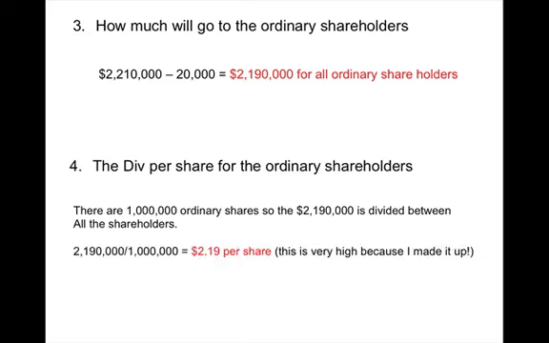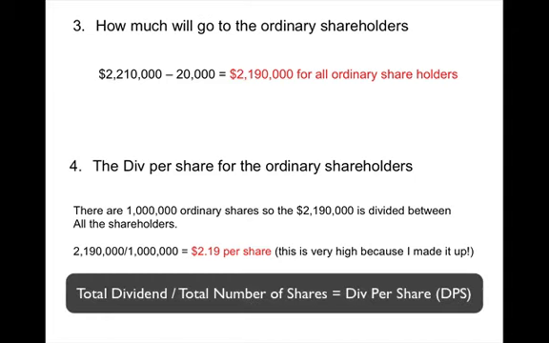So there are 1 million ordinary shares. So the 2.19 million is divided between all of them. So you get 2.19 million divided by 1 million equals $2.19. And this is the div per share. This is the total dividend paid divided by the number of shares gives you a div per share.